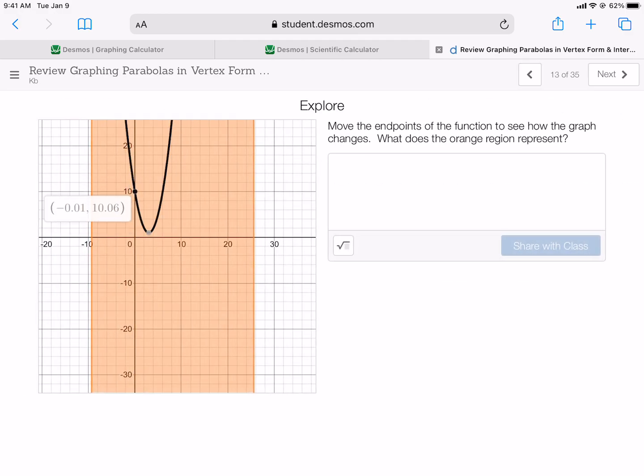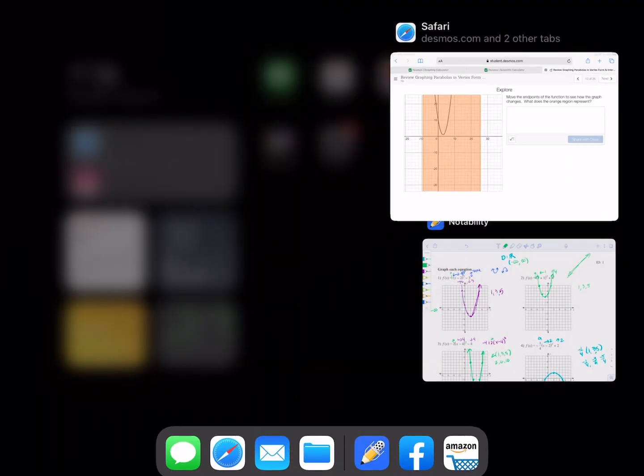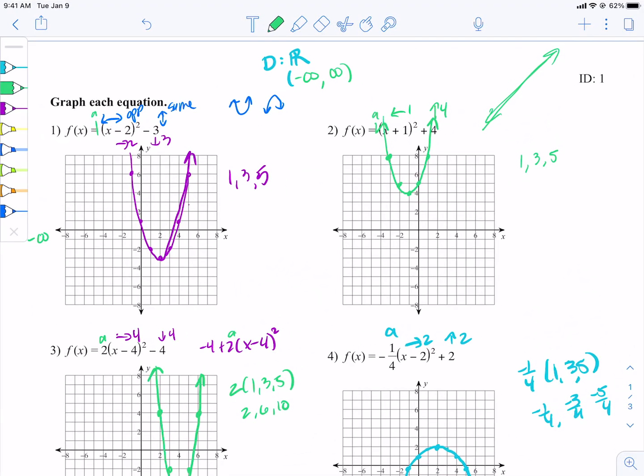So I could just look from this part here at 0 all the way to infinity, or I could only look at from 0 to 10 and just do that portion there. So you can do just a portion of it and not do the whole graph. Okay? But in general, when we're looking at our parabolas, unless there's some kind of restriction that's been put on it, our domain is always negative infinity to infinity.